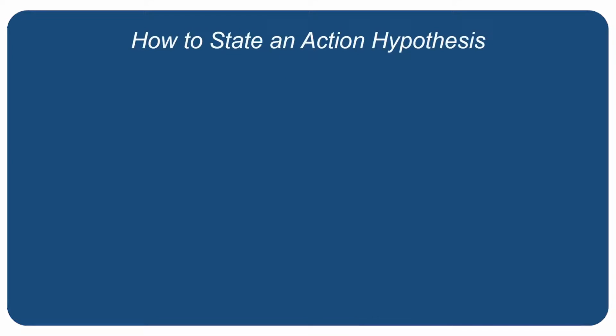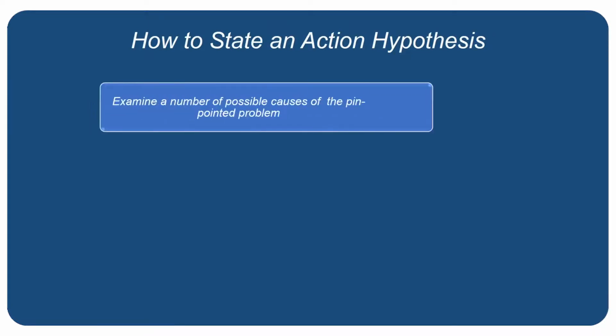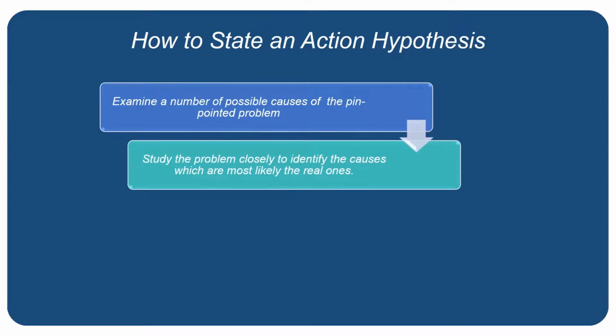How to state an action hypothesis? Let us see this. There are a few steps we can understand. For example, examine a number of possible causes of the pinpointed problem, as we have seen. Say, for example, there are 4 causes that we have listed. Then study the problem closely to identify the causes which are most likely the real ones.